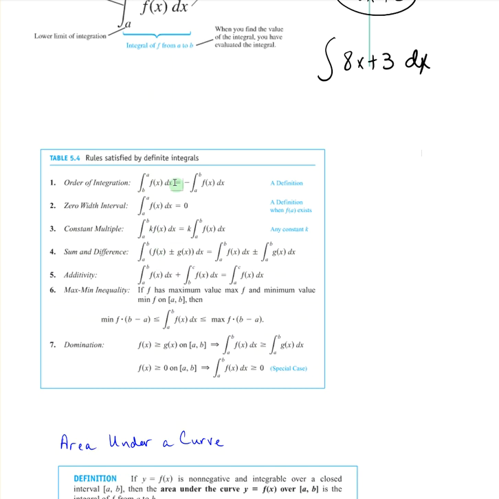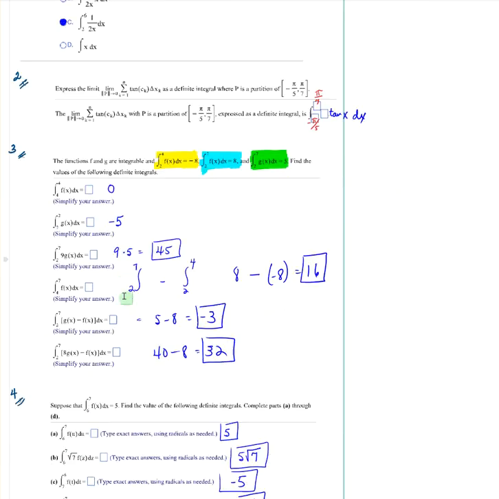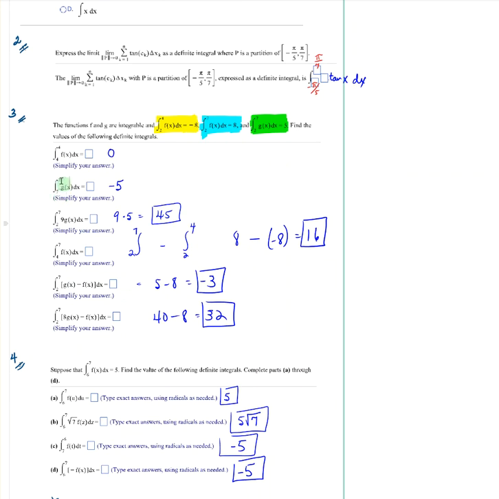From b to a is equal to the negative of a to b. So you're going to get the same value, but it's going to be negative. So instead of a positive 5, we would have a negative 5. All right, from 7 to 2 of g of x is negative 5.